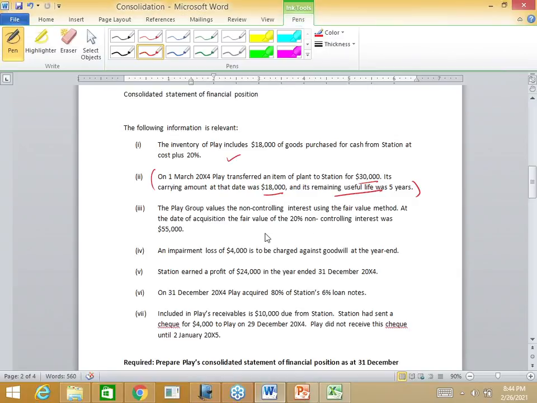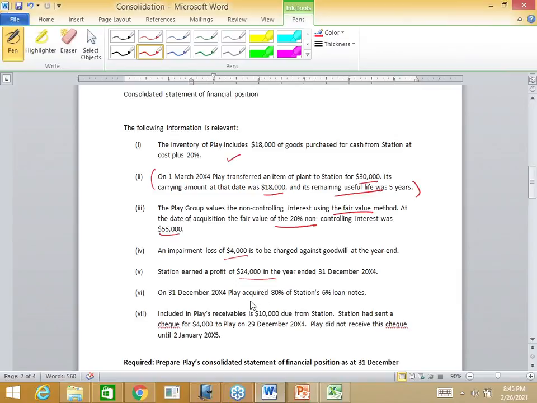Now, the Play group values the non-controlling interest at fair value, and it's 55,000. Impairment loss is 4,000. Station has earned 24,000 in the year.